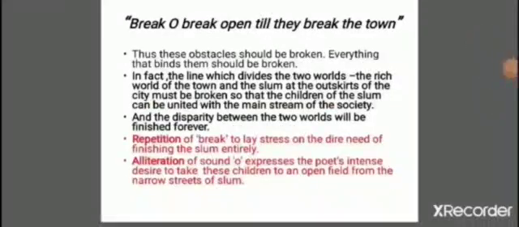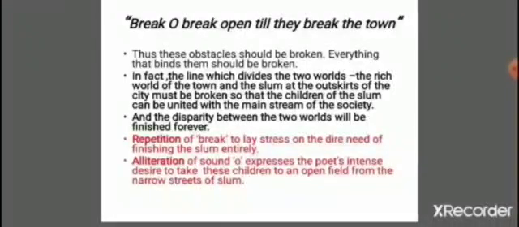Break, oh break open, till they break the town. When the poet writes this line, he means to say that all those obstacles which come as a hurdle or which confine them into a slum must be broken. Everything that binds them should be broken.